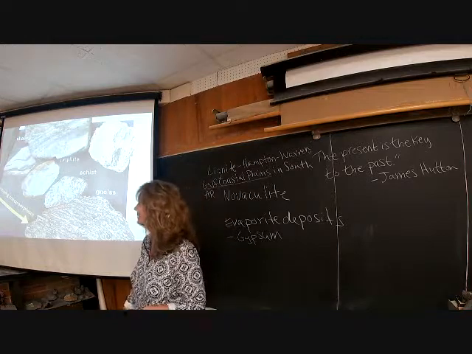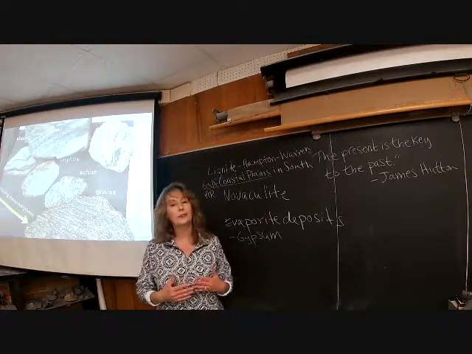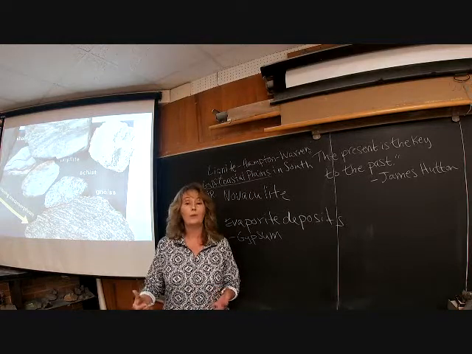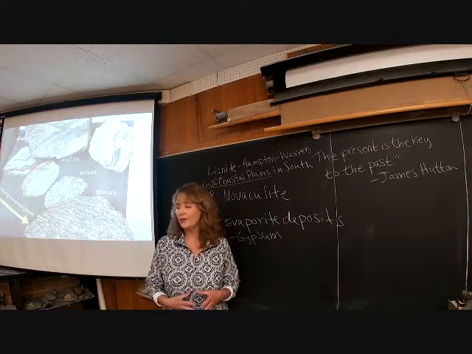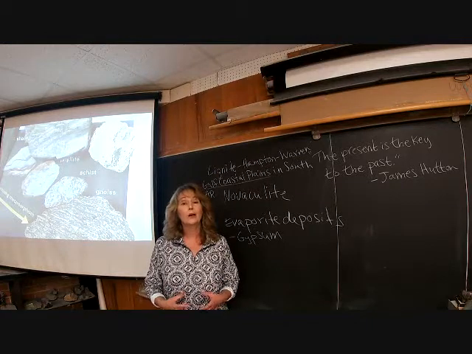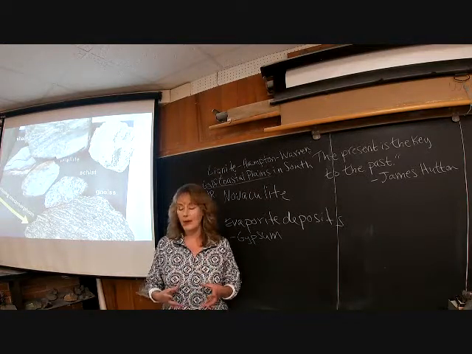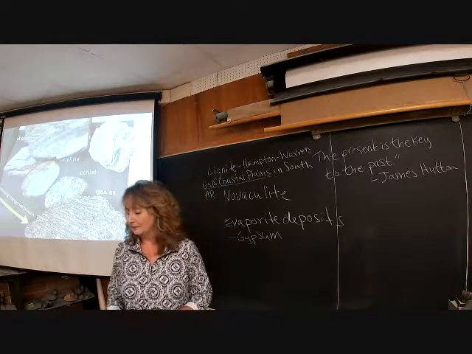So these are some examples of different varying grades of metamorphism and what the rock names would be. And it's based on the foliation, or being foliated, the realignment of the mineral grains that were in there.